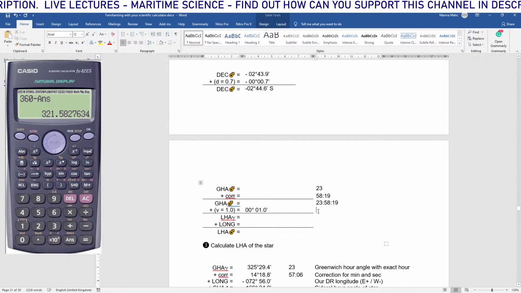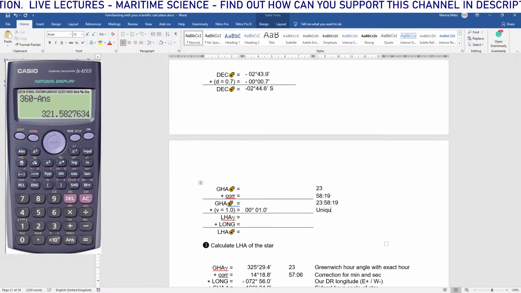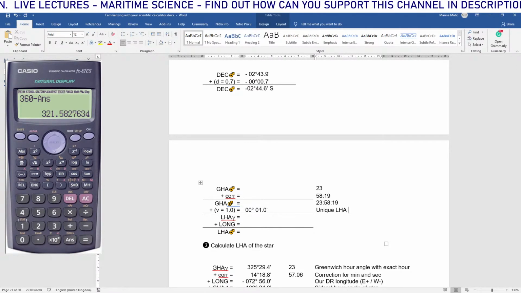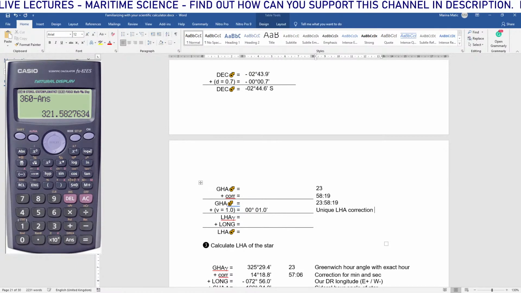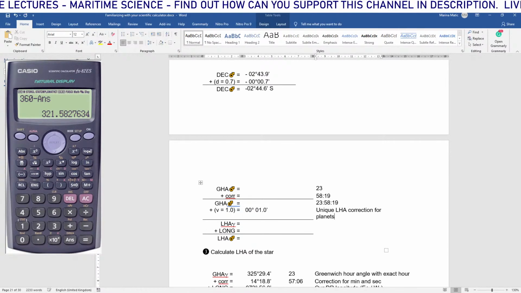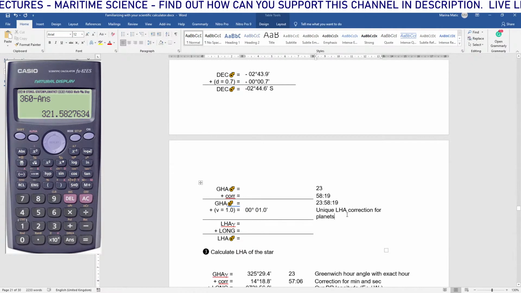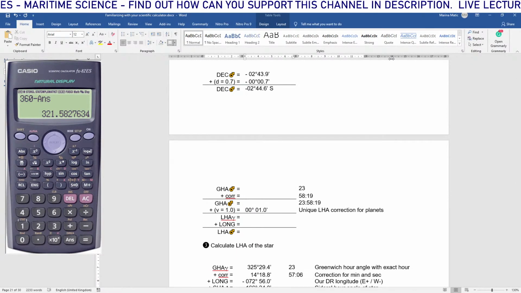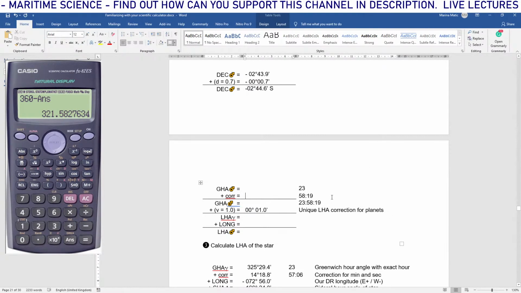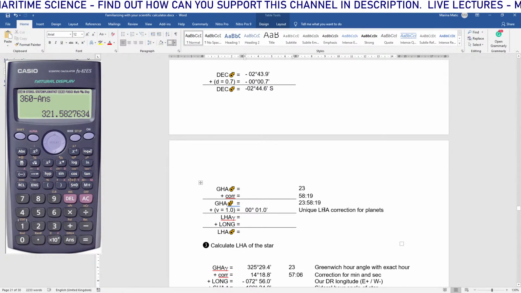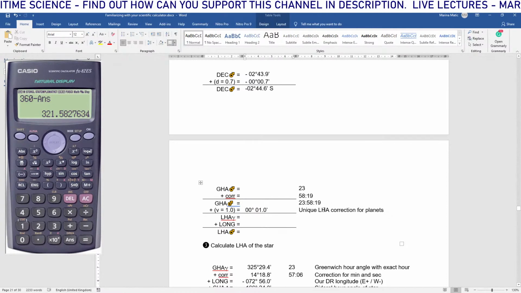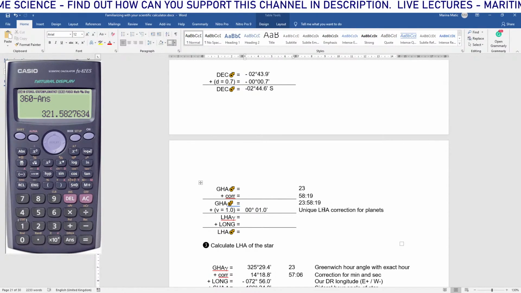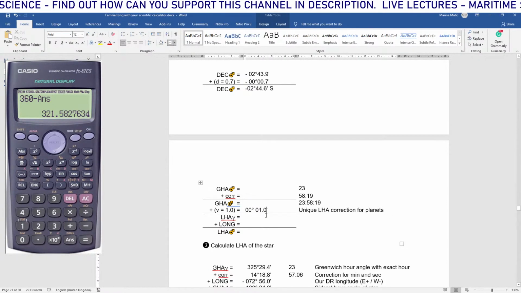And this is a unique LHA correction for planets. Unique LHA correction for planets. So stars do not have this correction, and sun doesn't have. So sun is also a star, so therefore doesn't have this correction. Only planets and moon have this correction.